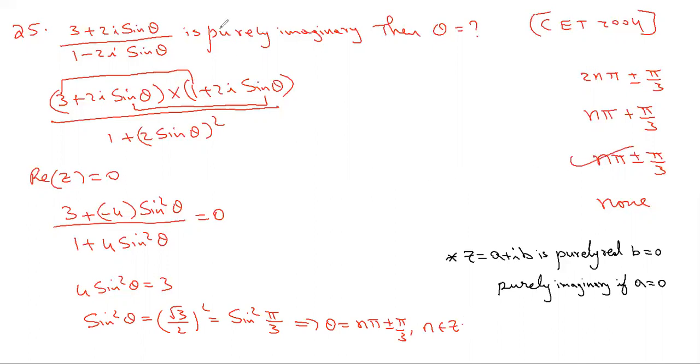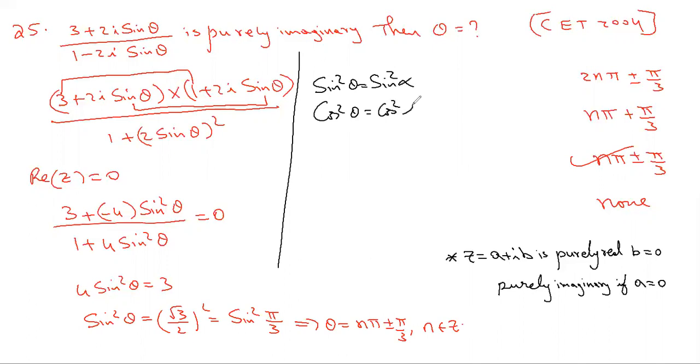So I'll just give the formula for reference. In general solutions, what we have is, if we have sine square theta equal to sine square alpha, cos square theta equal to cos square alpha, tan square theta equal to tan square alpha. Sir, what is the alpha here? Alpha is different for different equations.